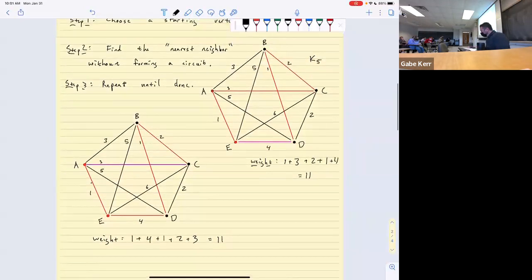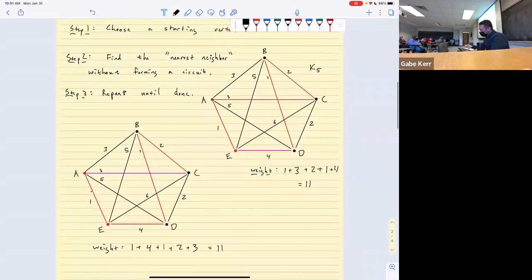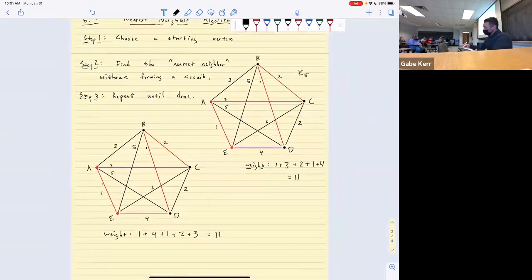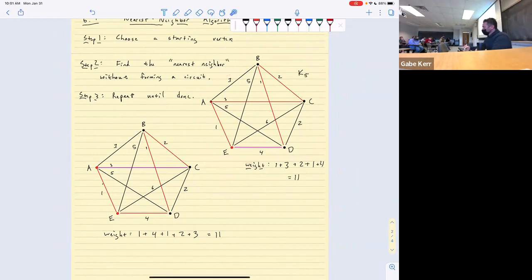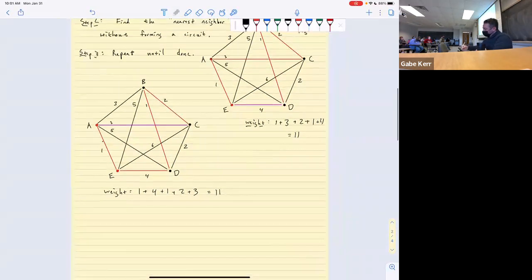However, I think when I was planning this for the lecture, I was going to make a different choice here. If I made a different choice up here, sorry, this did not illustrate what I wanted it to, which is if I made a different choice up here, I would have gotten a different weight for the path. So in this case, I'm just going to make the comment because I want to move on to something else.